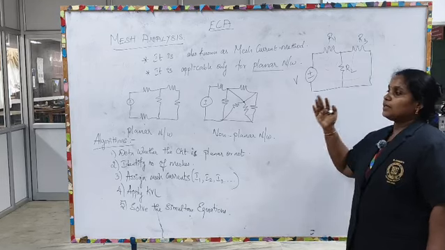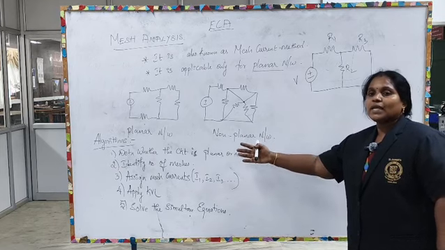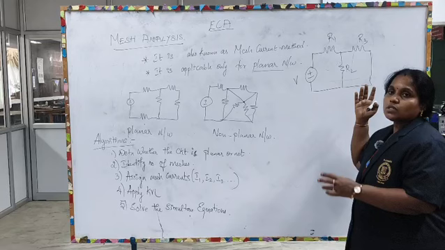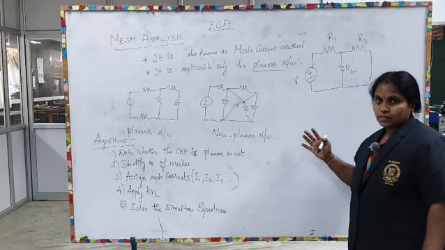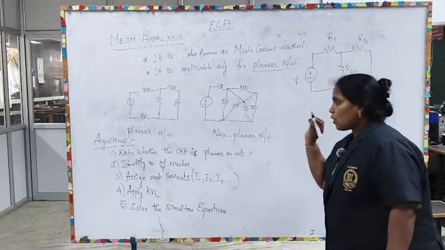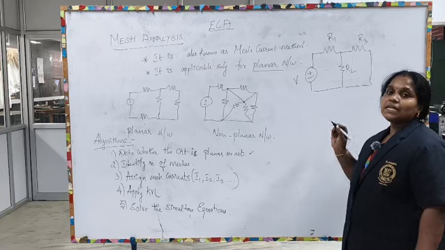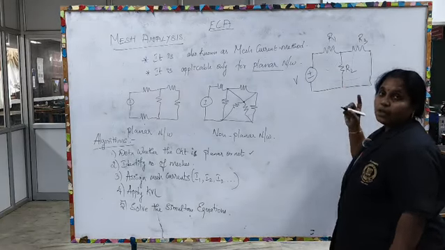The first step is to identify whether the circuit is planar or non-planar. Here there is no crossover point, so the circuit is a planar circuit and we can go for mesh analysis. We have verified step 1, and the second step is to identify the number of meshes. In this circuit I have identified 2 meshes.